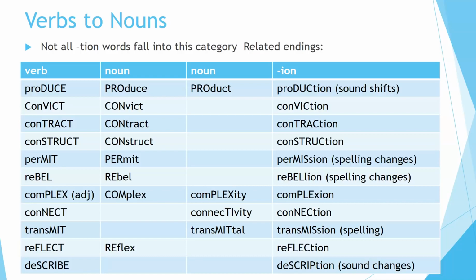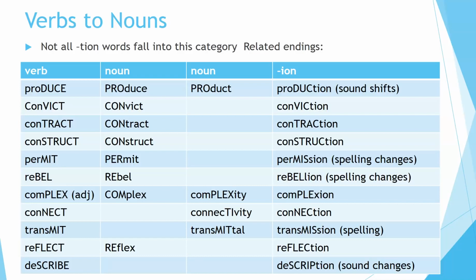Rebel, rebel, rebellion. We have the same type of spelling changes, but it's a different letter this time. So instead of T-I-O-N, we have L-I-O-N, and the L is doubled before the I-O-N ending. Complex, complex. Now in this case, complex is not a verb, but it's an adjective.